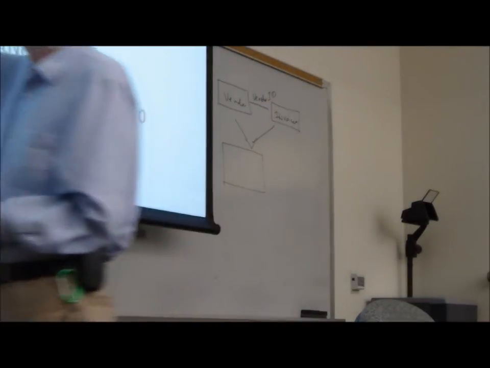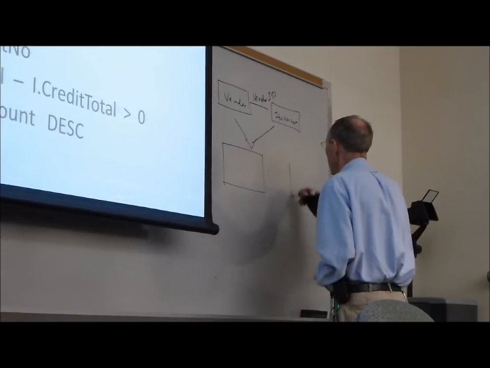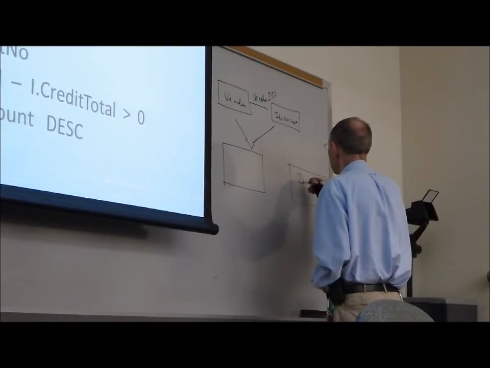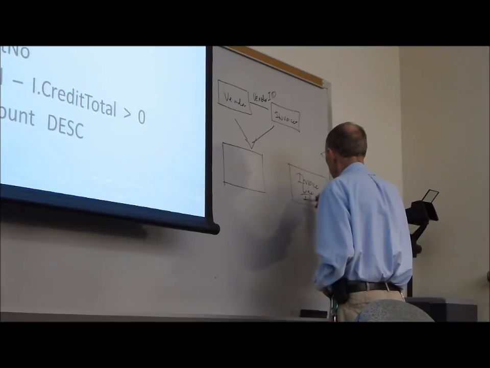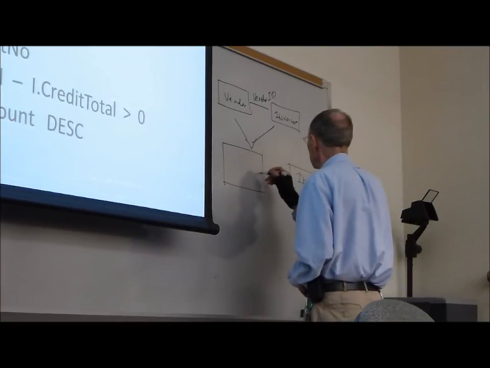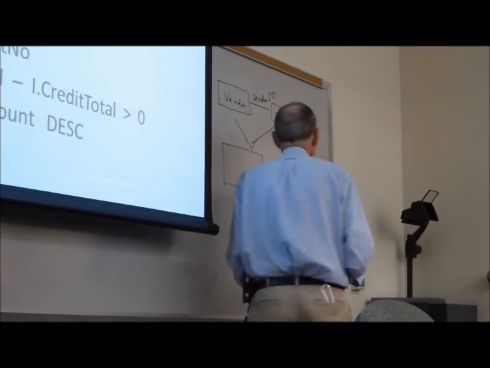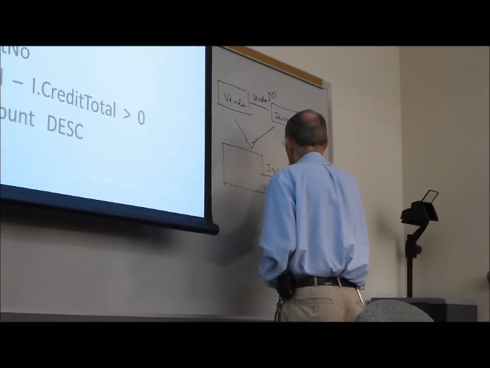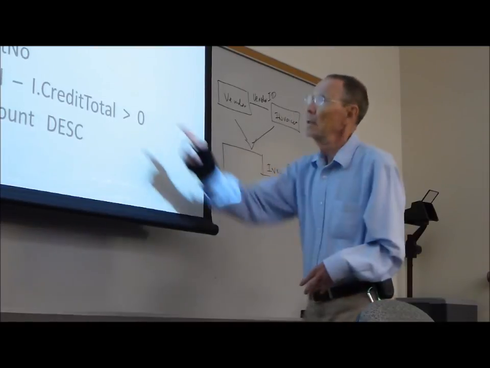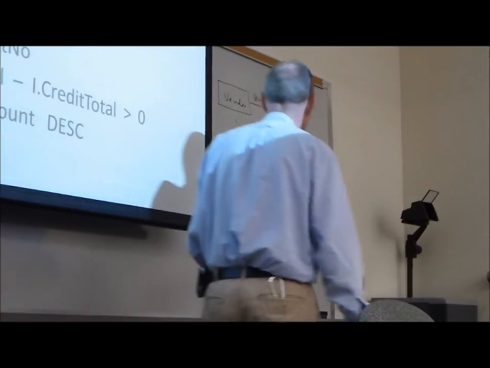And then I'm going to join that with the invoice line items. So now I've got invoice line items, and we're going to join those on what? Invoice number. Okay, invoice line items, join on invoice ID.